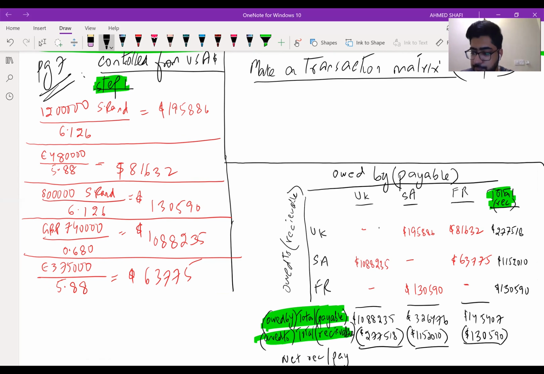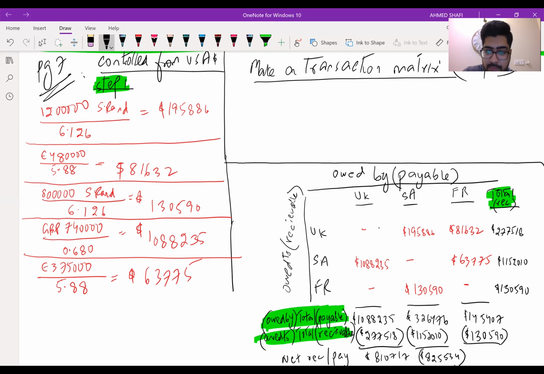So 1088235 minus 277,518 is 810,717. Since payable are higher than receivable, it's net payable. Okay. Secondly, 326476 is the South African payable, but 1152010 is the South African receivable, and that is negative 825,534.